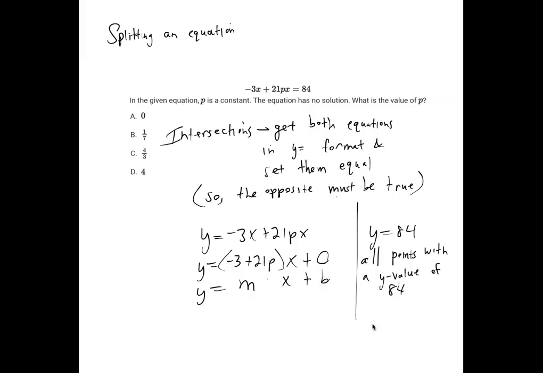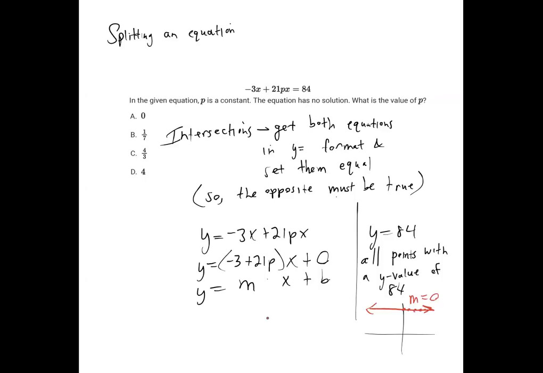And all the points with a y value of 84 would be a horizontal line where all the points on this line have a y value of 84. So 0, 84, 184, 284, 384. But what's the slope of a horizontal line? It's 0 because it's not tilted at all. It has no slope. It's as flat as the floor.